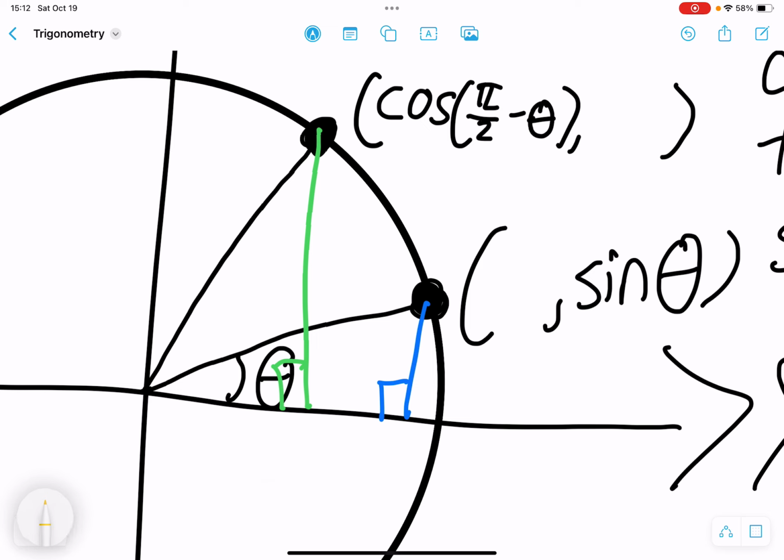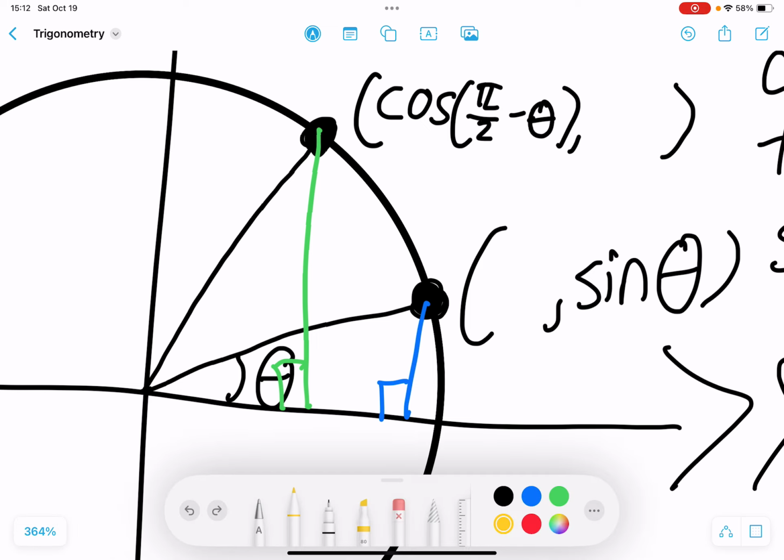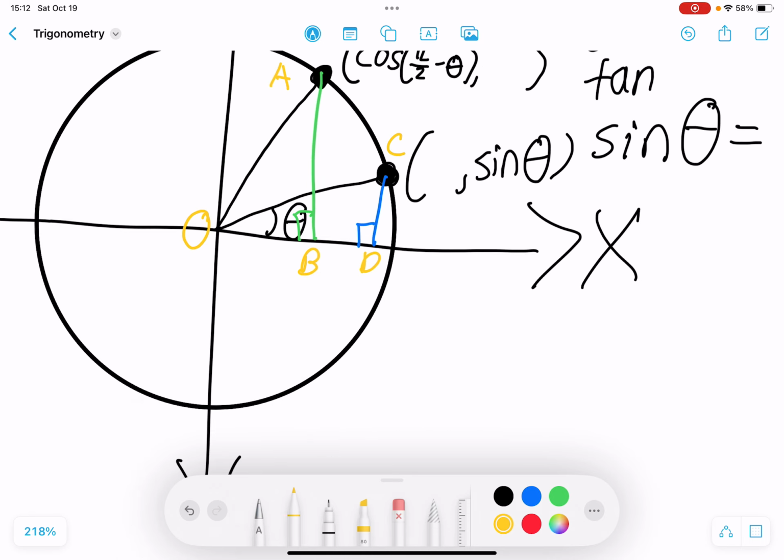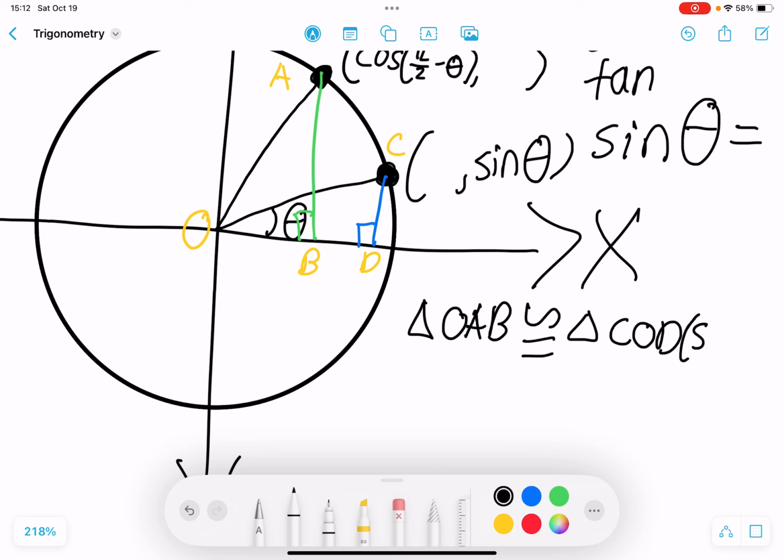Since the two triangles are congruent, if we label the points O for the origin, then A, B, C, D, we know that triangles OAB and COD are congruent via ASA, or angle side angle.